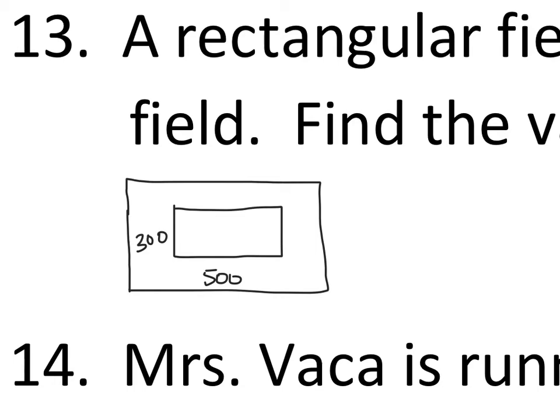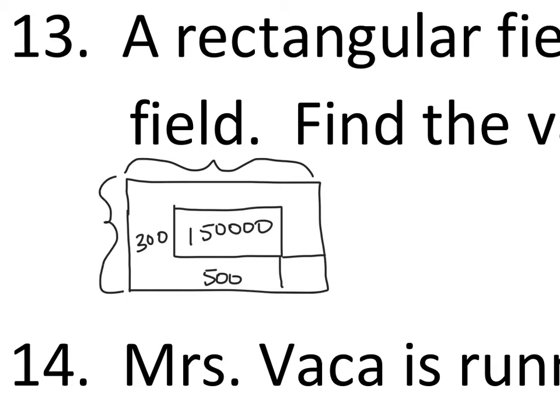So my road is going to be out here. Well, this is my 300 times 500. So my entire area is 150,000. So that 150,000 represents the entire area of this whole field.